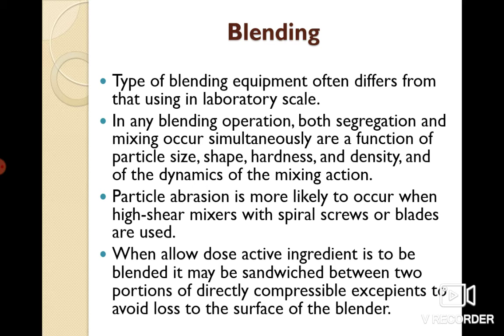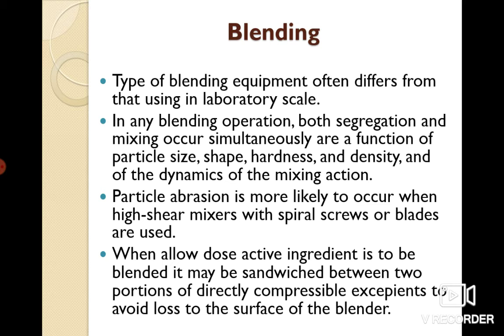Then next comes the blending. The type of blending equipment often differs from that used in the laboratory scale. In any blending operation, both segregation and mixing occur simultaneously and are a function of particle size, shape, hardness and density, and of the dynamics of the mixing action.